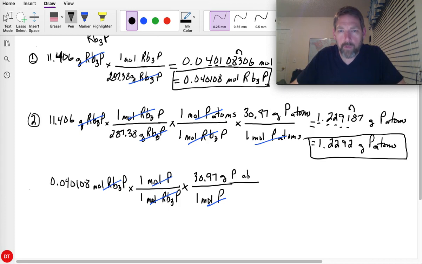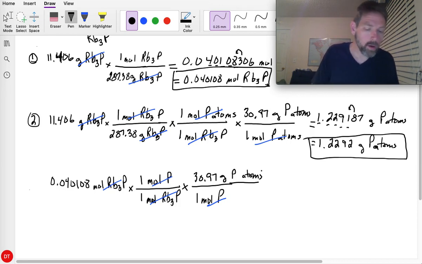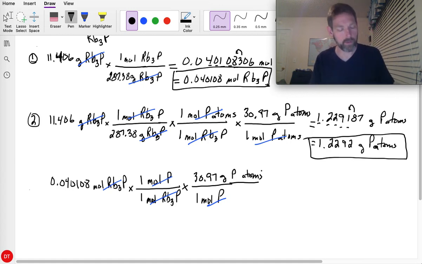And we can put atoms here if you want. So let's multiply this right here. We get 30.97 times 0.040108. I punched in a wrong number by accident. I knew that looked a little weird.